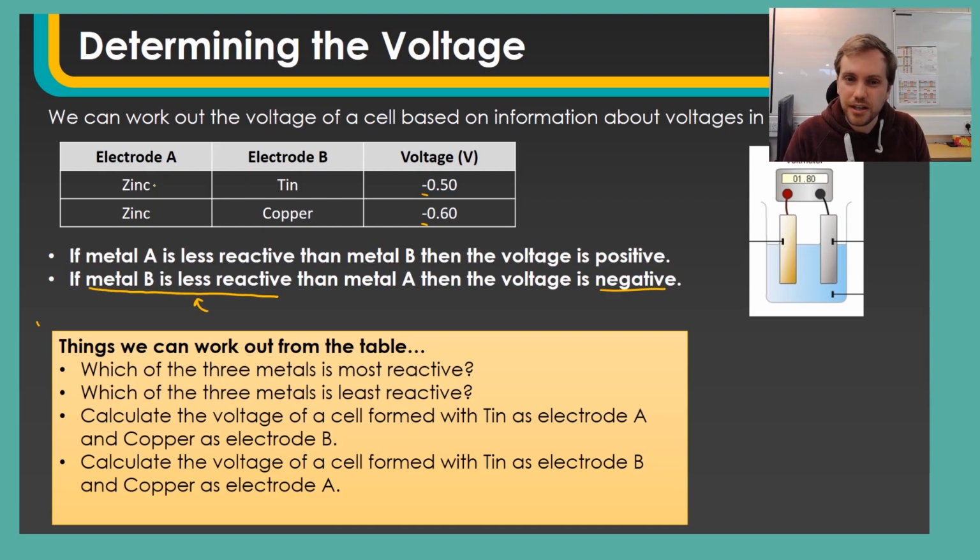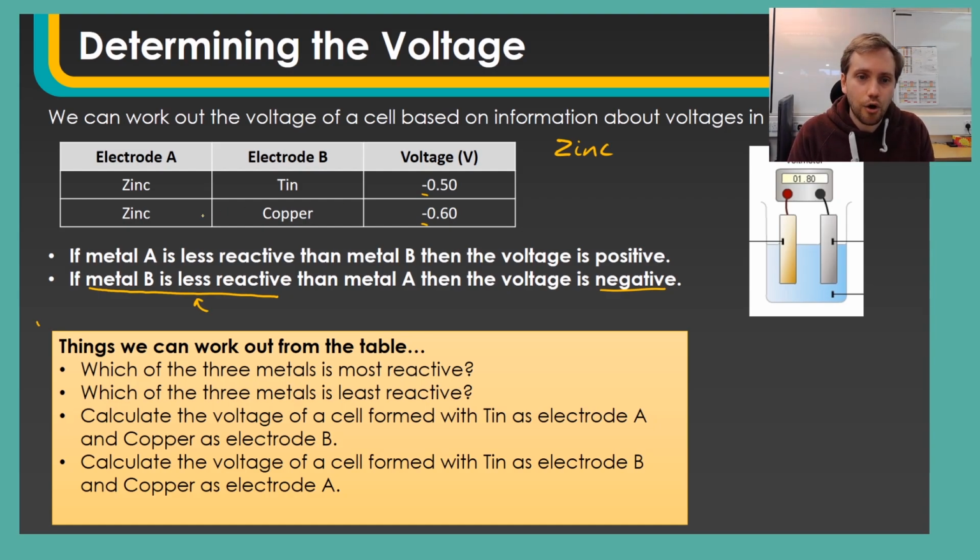So from that I can work out pretty straightforwardly that zinc has to be more reactive than tin and copper. So the order of reactivity definitely starts with zinc. I then need to work out which is the least reactive. And the bit of information I use to do that is the biggest voltage, so the voltage with the greatest size, is created when you've got the biggest gap in reactivity.